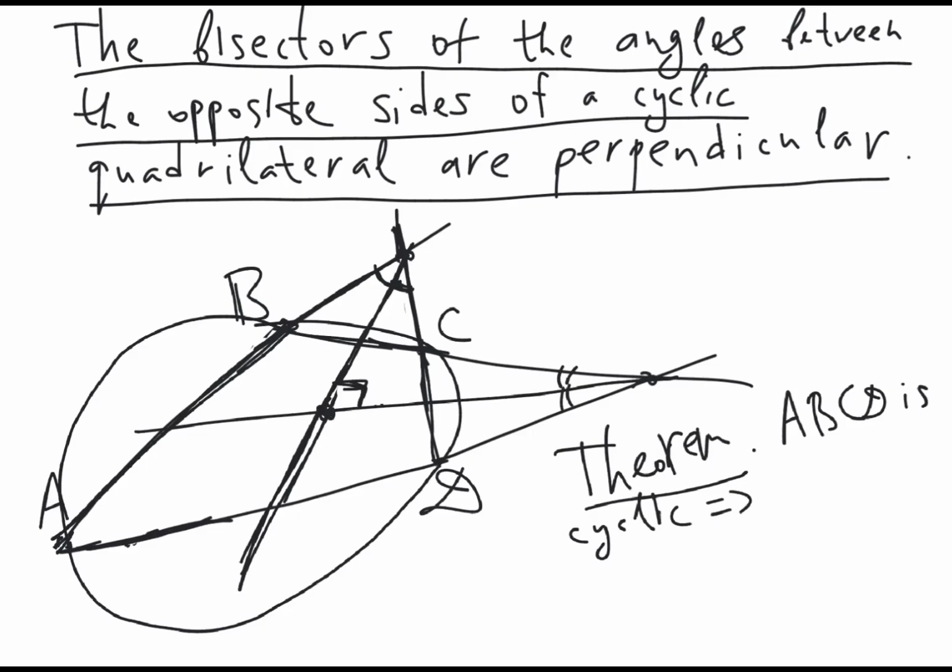It implies that, let's say this point be P, and this be Q, and this intersection point is denoted by R. So then this implies that PR is perpendicular to QR.